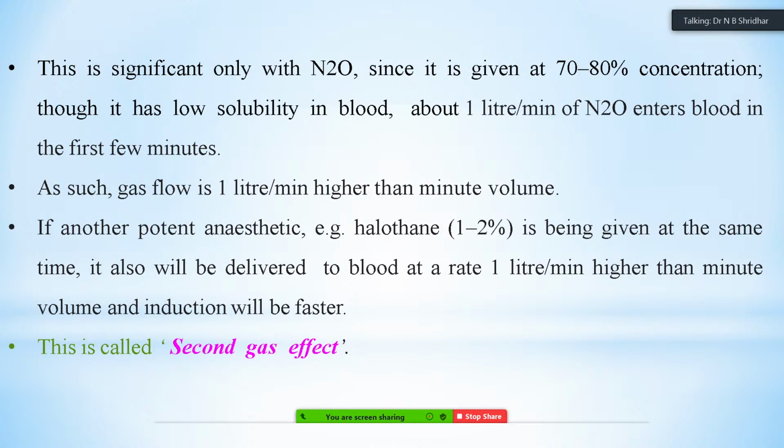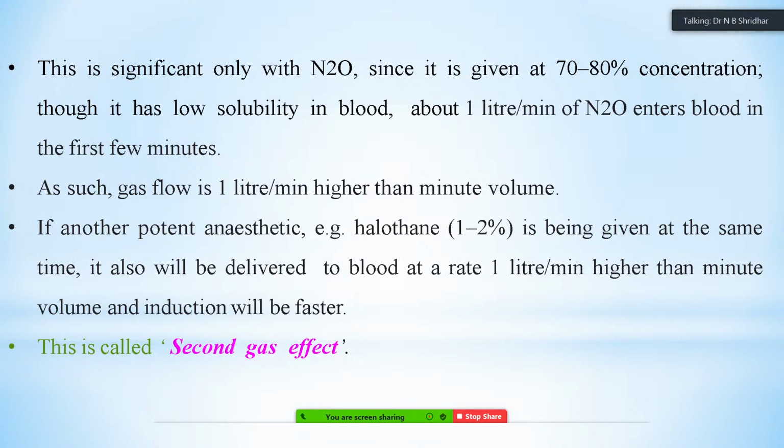So if you mix two gases like halothane and nitrous oxide simultaneously, then the induction of the inhalation anesthesia will be faster, and this is known as the second gas effect. To simplify, if you administer two gases simultaneously, the capacity of one gas to induce anesthesia is increased more and more.